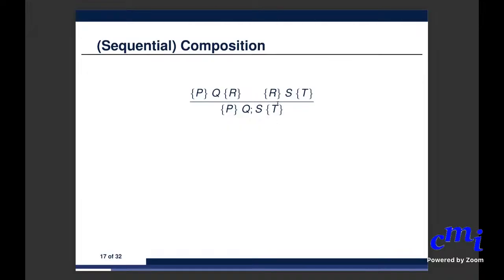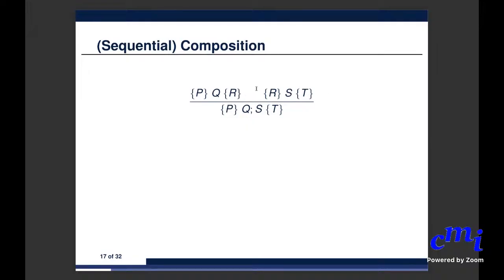When you view it backwards, for the Hoare triple at the bottom to be true, these two Hoare triples have to be true.